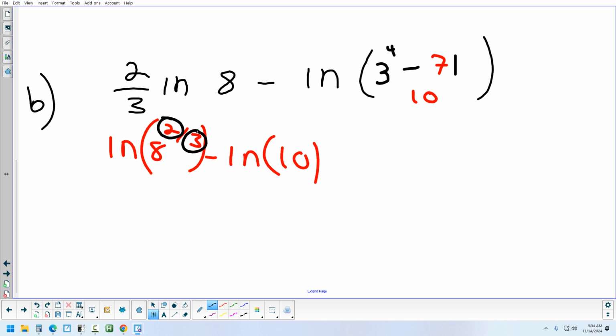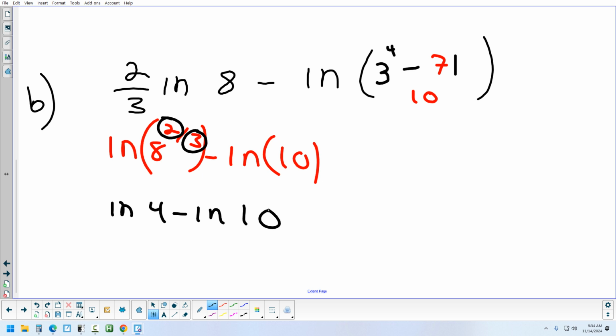What's the cube root of 8? 2. And what's 2 to the second power? 4. Yep. If you didn't want to think of it that way, you could square 8 first. What's 8 squared? 64. And then what's the cube root of 64? Still 4. Yep. If it doesn't come out nice, you can always use your calculator, but that one does come out nice.